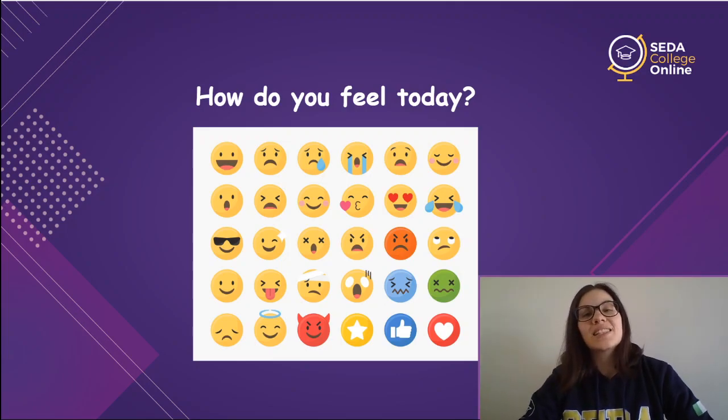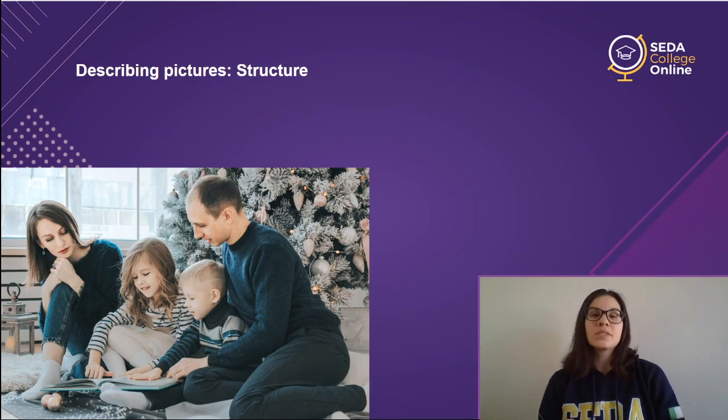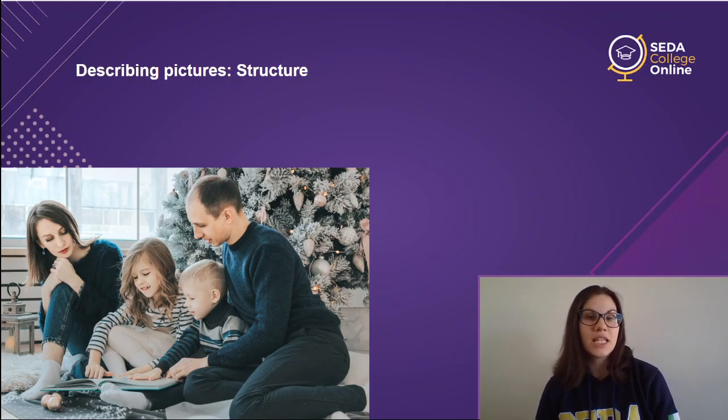Now, let's start. We will focus on describing pictures, as I told you, and we will see specific parts that we need. For example, what information do we need to write when we describe a picture? Now, if you follow my tips, you will be able to write really fast and very easily a description of a picture.